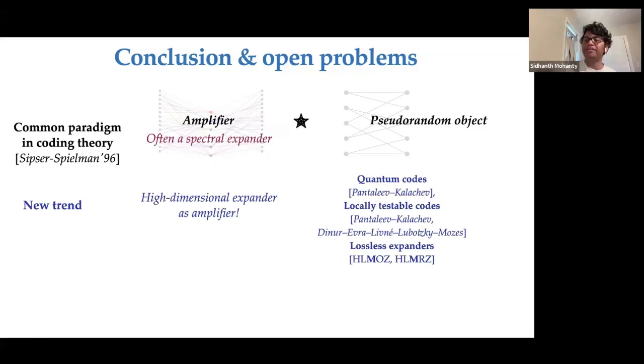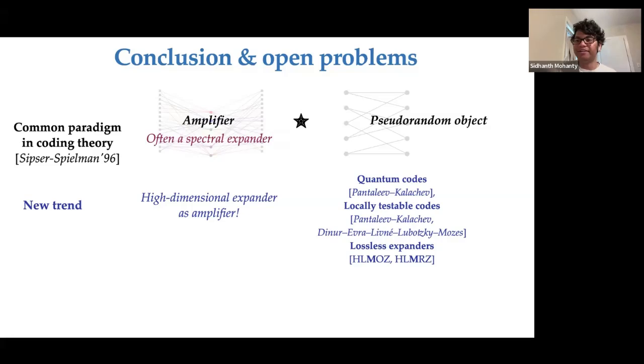But I guess more recently, there is a new trend, which has actually enabled progress on several long-standing problems. Most notably, I want to point out two problems that were solved 3 years ago. That is constructing good quantum error correcting codes and also constructing locally testable codes.